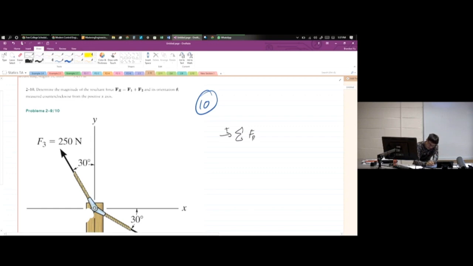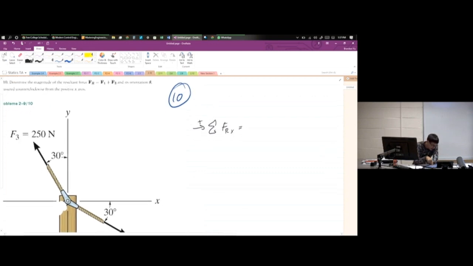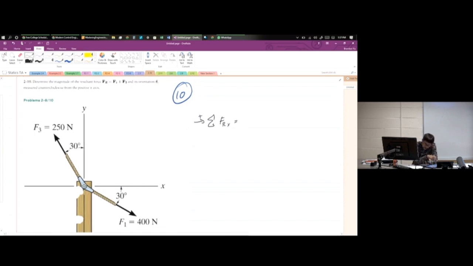Positive right, Frx. Since I'm ignoring the F2 completely, I just crossed it out, right? So we'd have 400 cosine 30 minus 250 sine 30. So you do the math there.